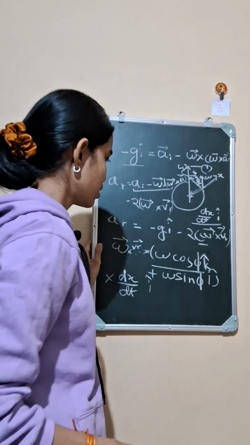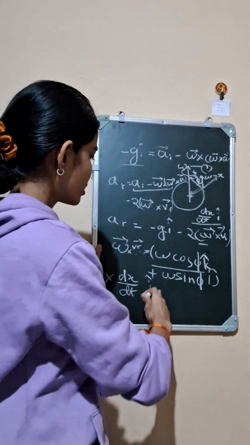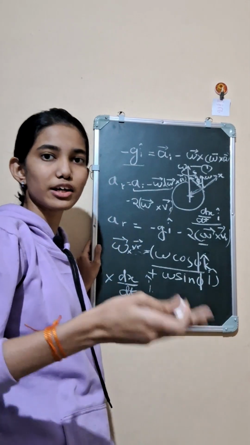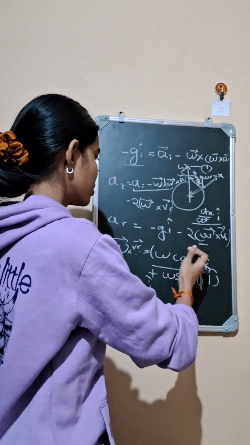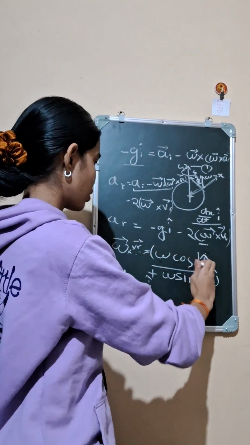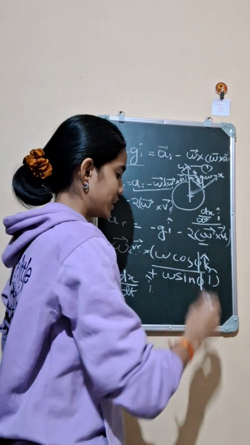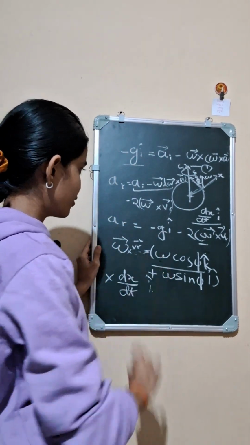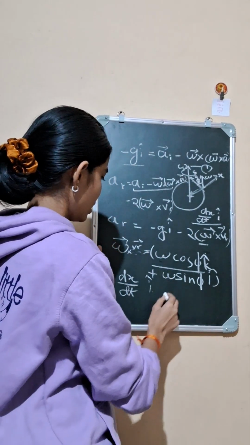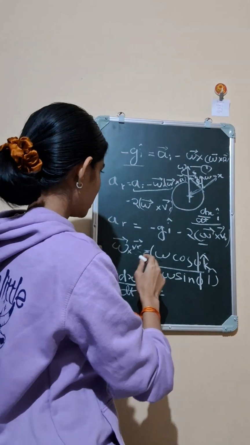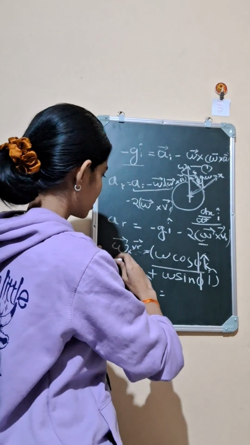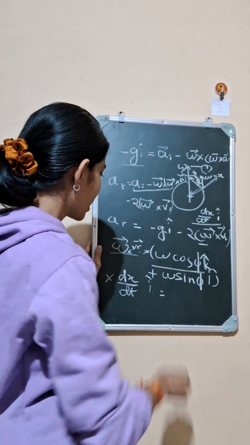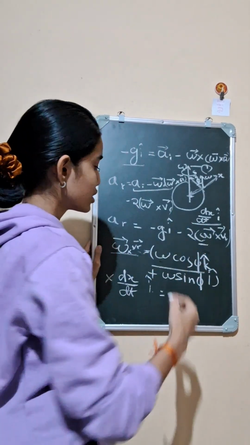So here we can see that i cross i will be 0, as the angle between the i and i vectors is 0 and sin 0 is 0. So now talk about omega cos phi k cap cross dx by dt i cap. Sorry, there is a 2. Let's just solve this omega cross here, then multiply it with 2.